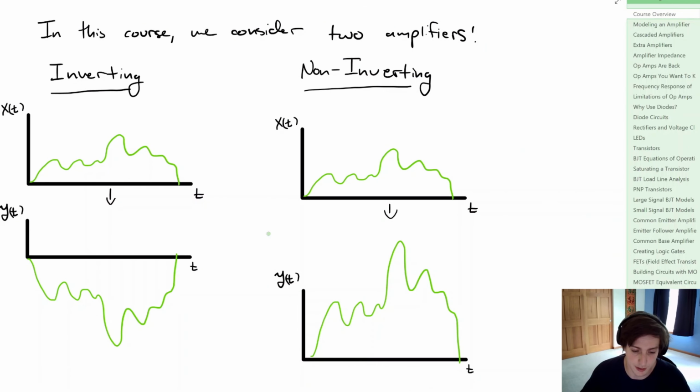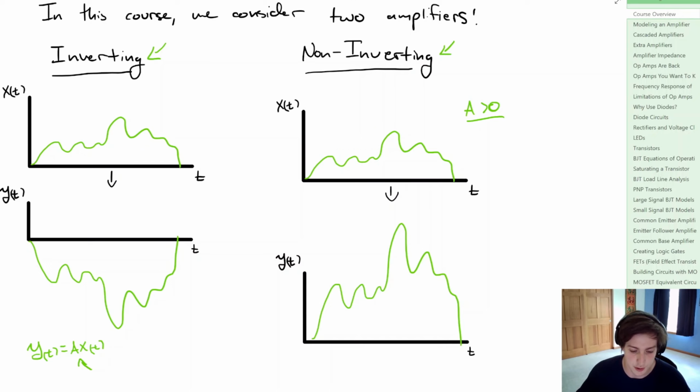Now the first kind of amplifier that we have here is the inverting amplifier. So this is different from what we just looked at in the first few seconds, where the output has some scaling factor, again, a times our input, x of t, but a can be negative. And then our non-inverting, which we saw in the first few seconds, where that scaling factor a was positive.